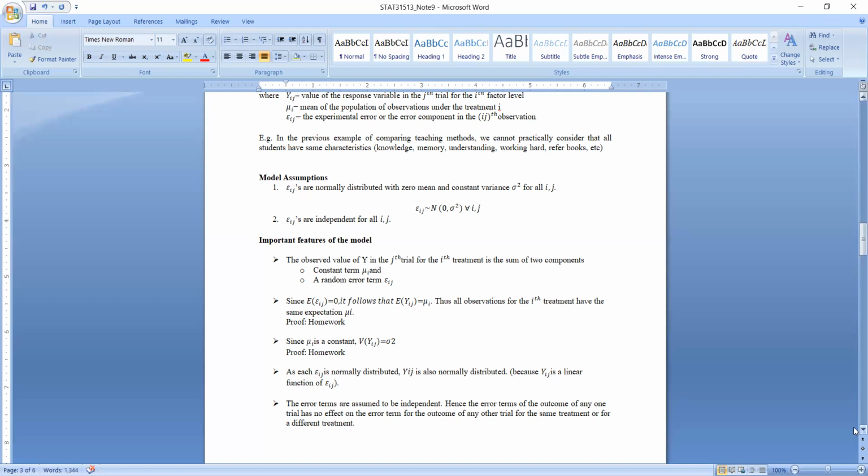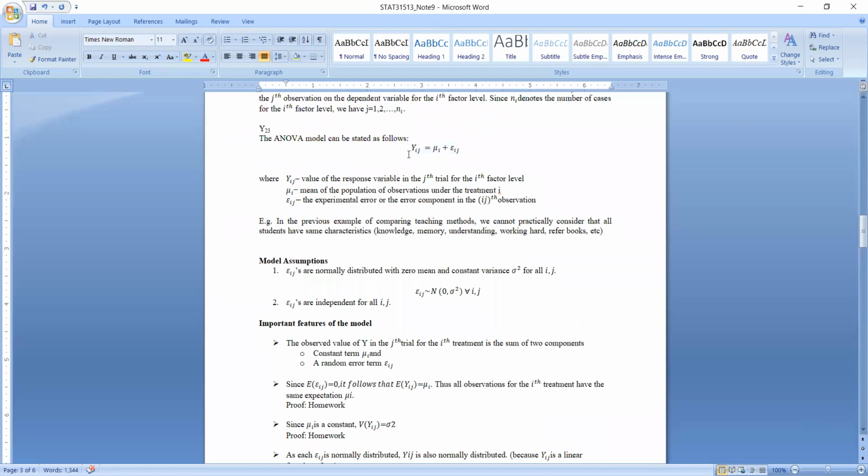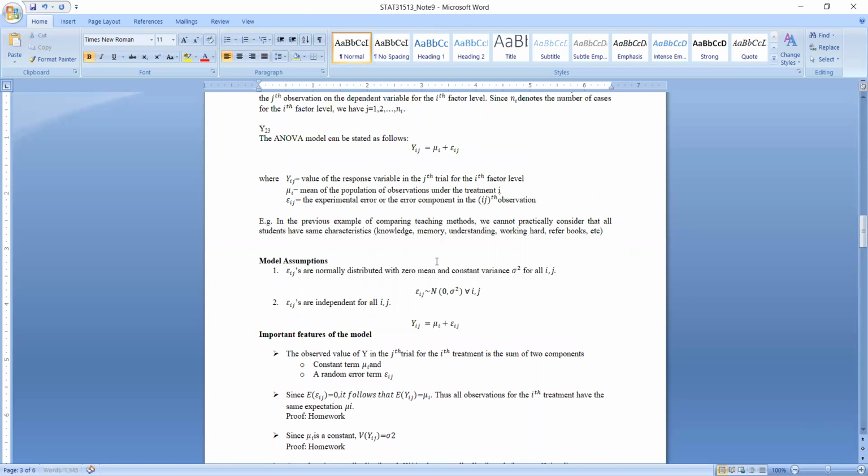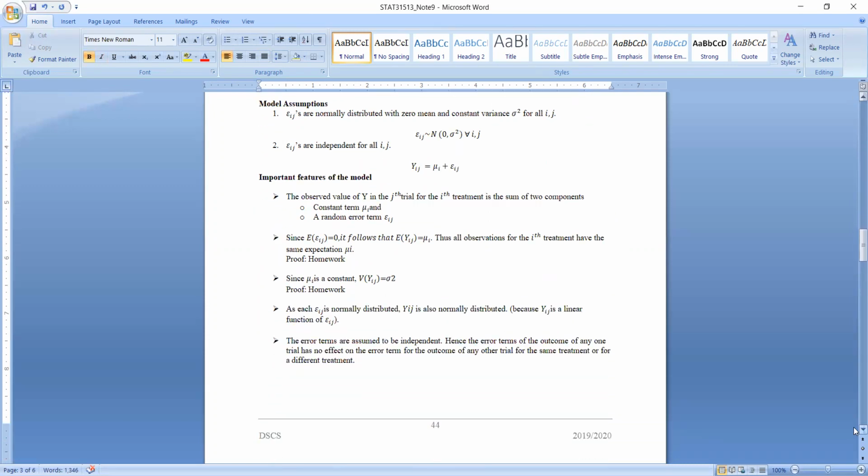So there are some important features when you look at this model. Based on this model, we can come up with some important features. If you look at this model, the observation that is coming from the ith treatment and jth trial is actually a summation of two components. You have a random error and you have a mean.